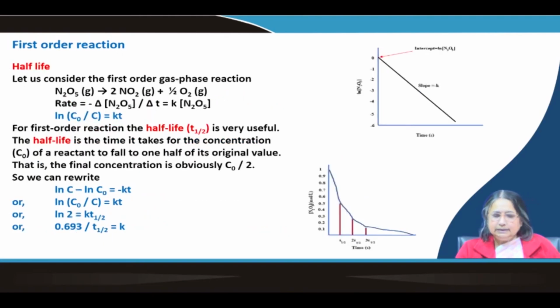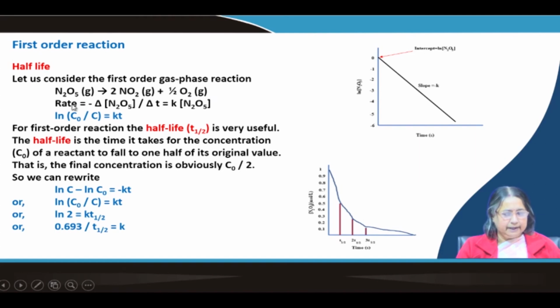Now, one thing is very important. This is another example, where instead of giving A as the reactant and P as the product, an actual reaction is shown. It is a gas phase reaction: nitrogen pentoxide, N2O5, in gas phase, can decompose to nitrogen dioxide and oxygen.